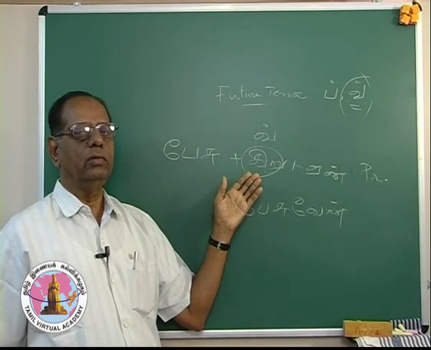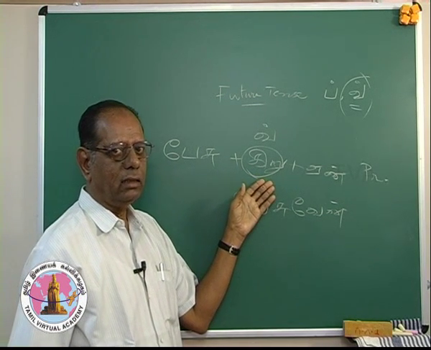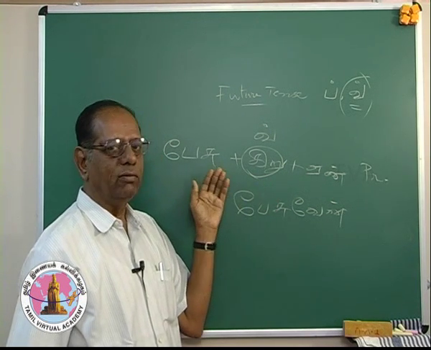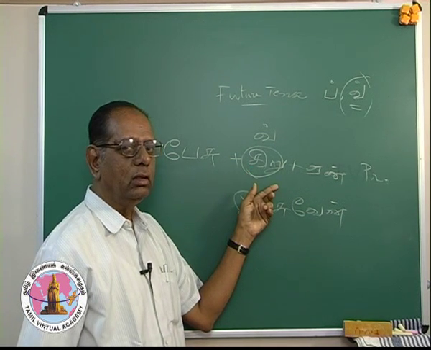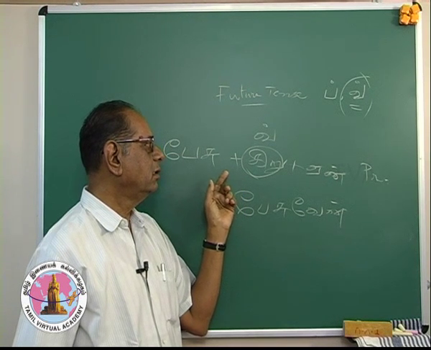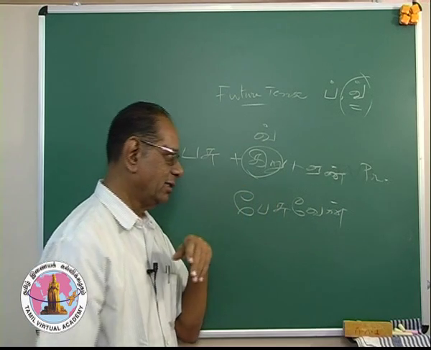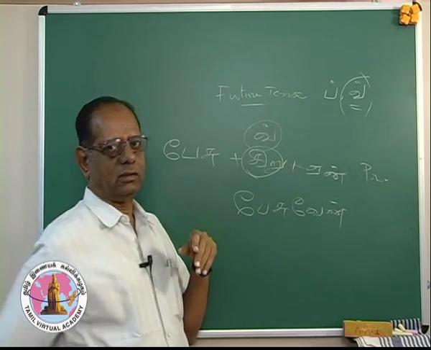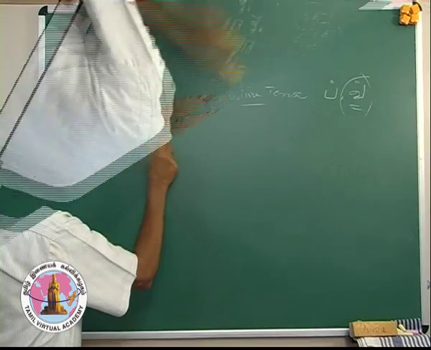So, we can arrive at a general rule that the verbs which accept kiru in present tense and do not undergo any change will accept O in future tense. Shall we have a few more examples.